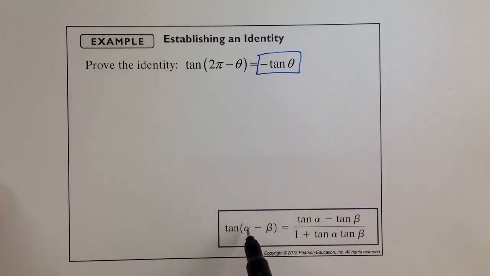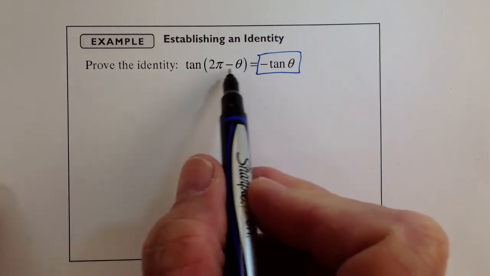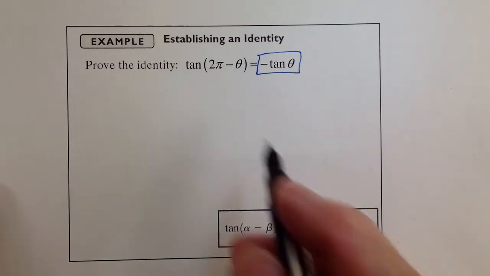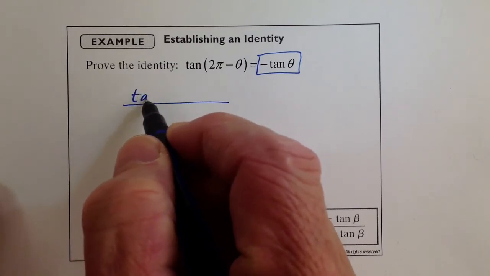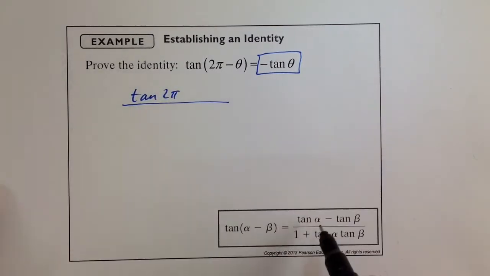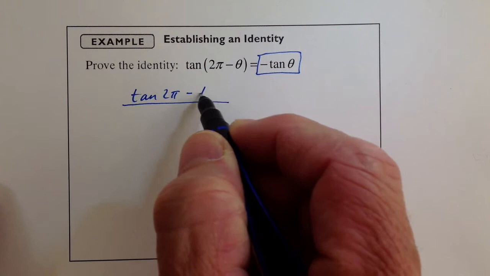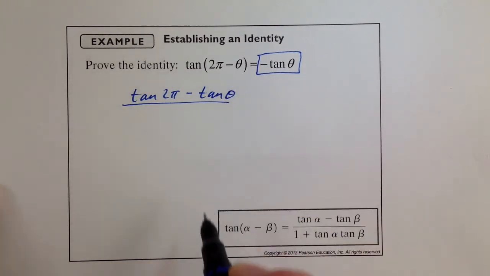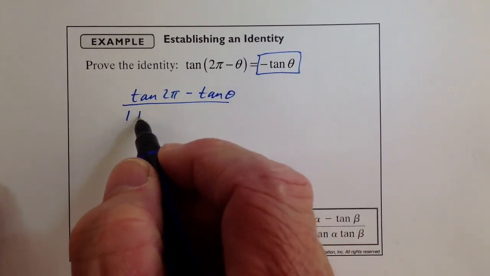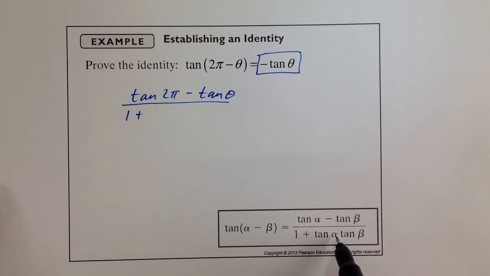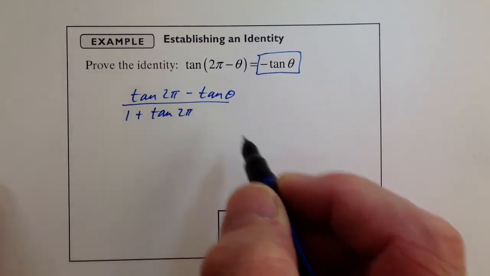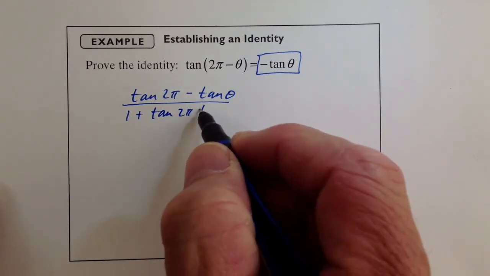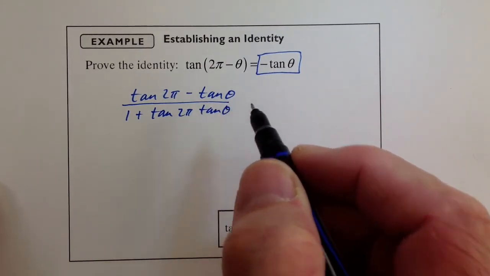Notice that the tangent of one angle minus another, just like we have here, is equal to the tangent of the first angle, tangent of 2 pi, minus the tangent of the second angle. Divide that by 1 plus tangent of the first angle, 2 pi, multiplied by the tangent of the second angle, which is theta.